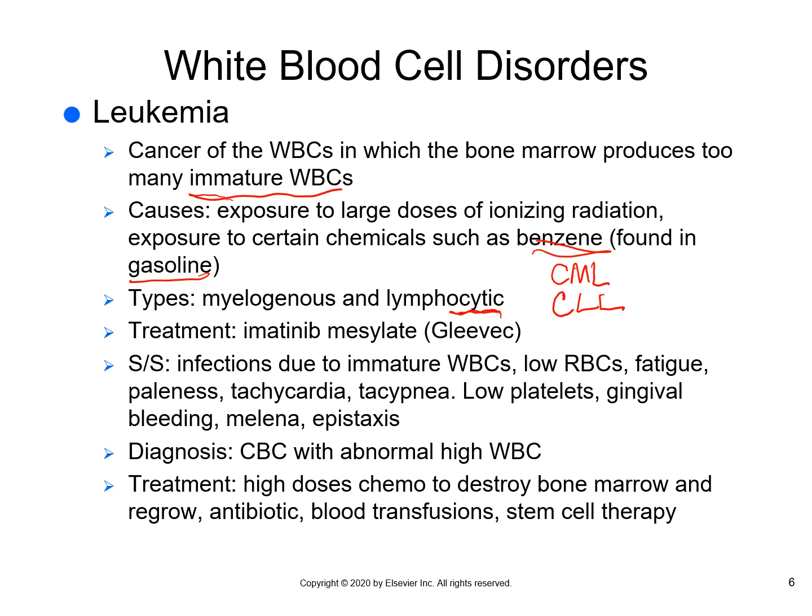Okay, signs and symptoms would be infections because of those immature white blood cells, and then low red blood cells. What's happening is that in the bone marrow, for example, this is your bone marrow, the spongy center of the long bones. In there, it's crowding because of too many white blood cells. So for example, the yellow is the white blood cell, right?